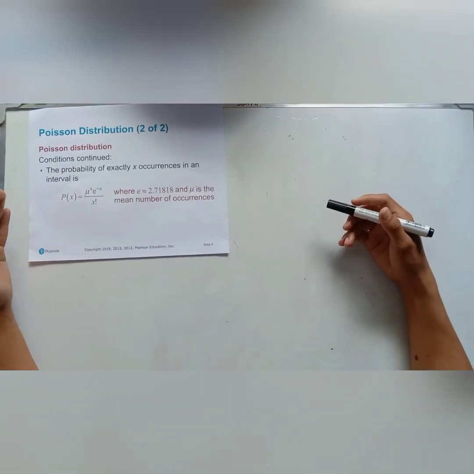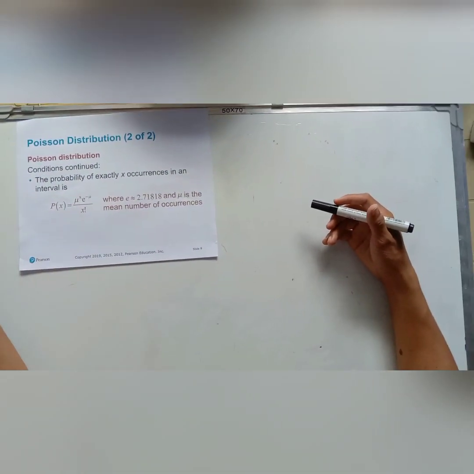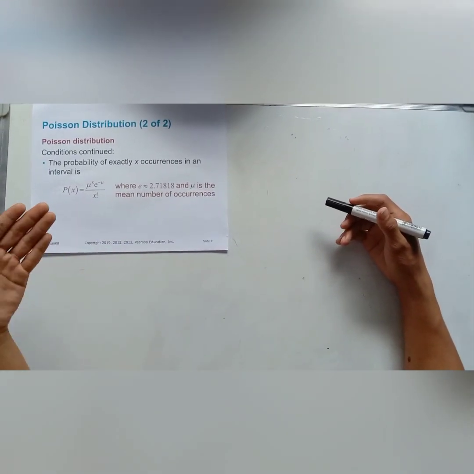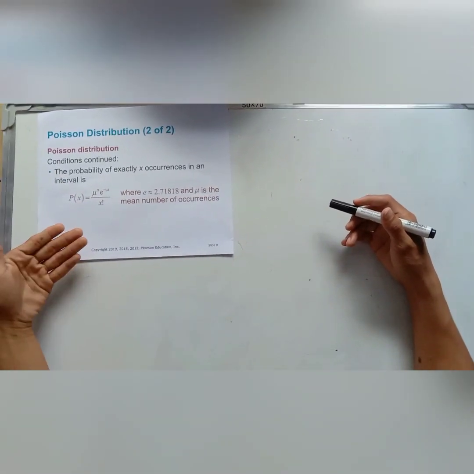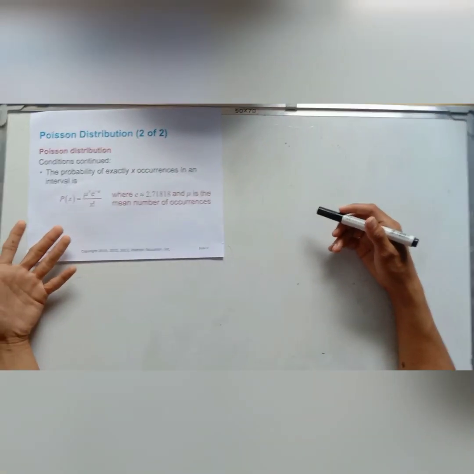The probability of exactly X occurrences in an interval in the Poisson distribution is P of X equals mu raised to the power of X times e raised to the power of negative mu, over X factorial.